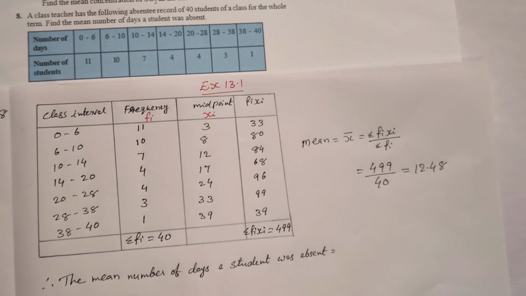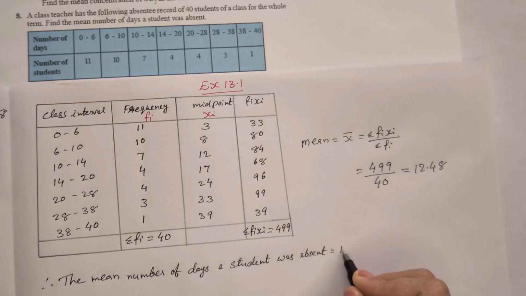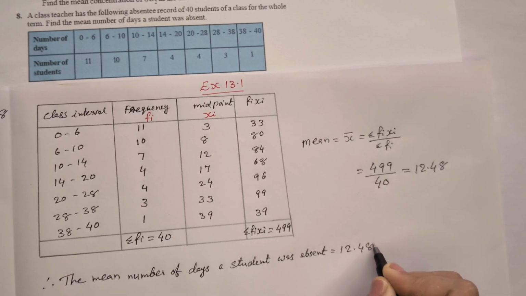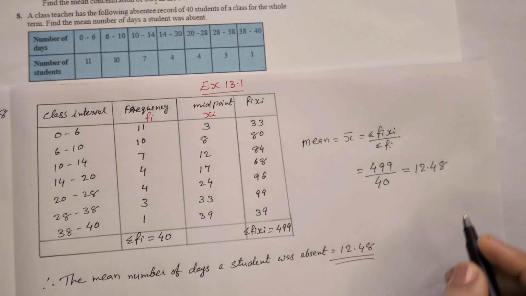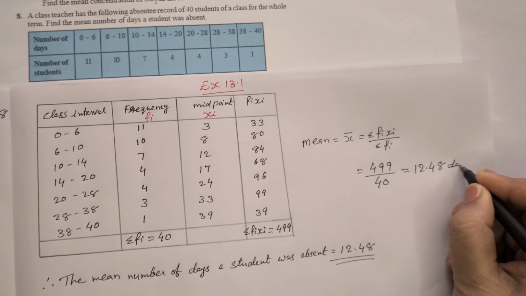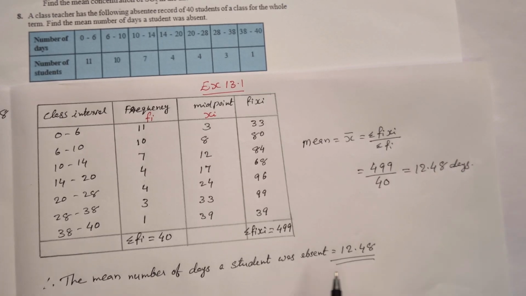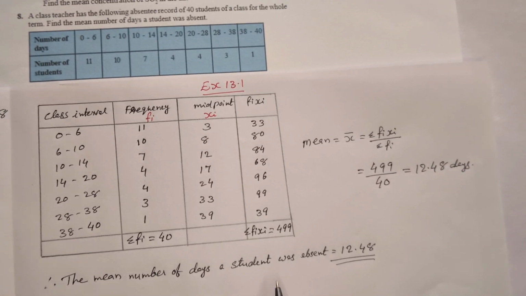So we can write, therefore the mean number of days a student was absent is equal to 12.48.